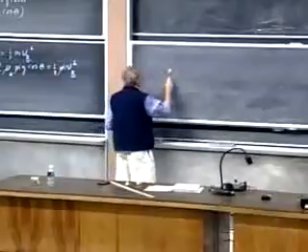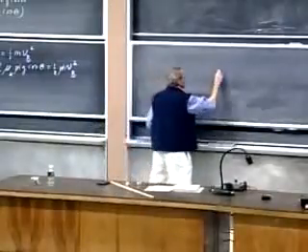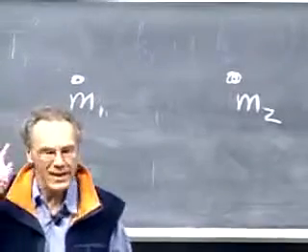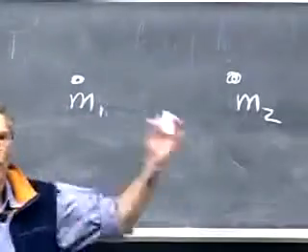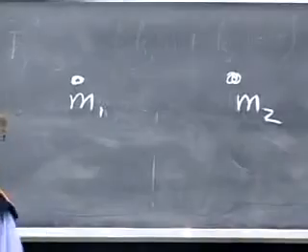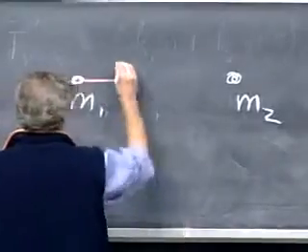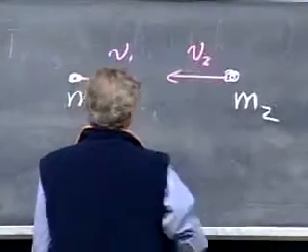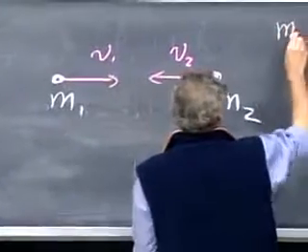It's a very non-intuitive concept. Kinetic energy can be destroyed, but momentum cannot be destroyed in the absence of a net external force on the system as a whole. We have an object M1 here, speed V1, object M2, speed V2. Let's make it very simple.